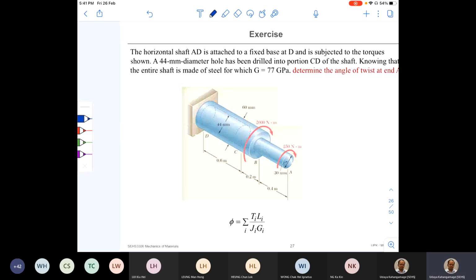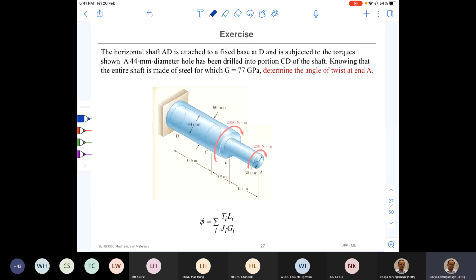Now let's challenge ourselves by doing a bit more complicated question. It says the horizontal shaft AD is attached to a fixed base at D and is subjected to the torques shown.